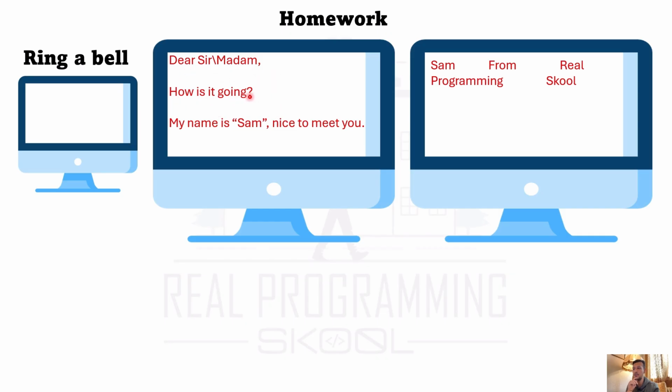Question mark, new line, my name is double quotation, put your name or the name of the channel, Real Programming School, whatever, and double quotation and comma, nice to meet you, dot. And I want you to write also a program that makes spaces: Sam, 4 spaces, from, 4 spaces, Real, 4 spaces, Programming, 4 spaces, School. So you will use backslash t here.